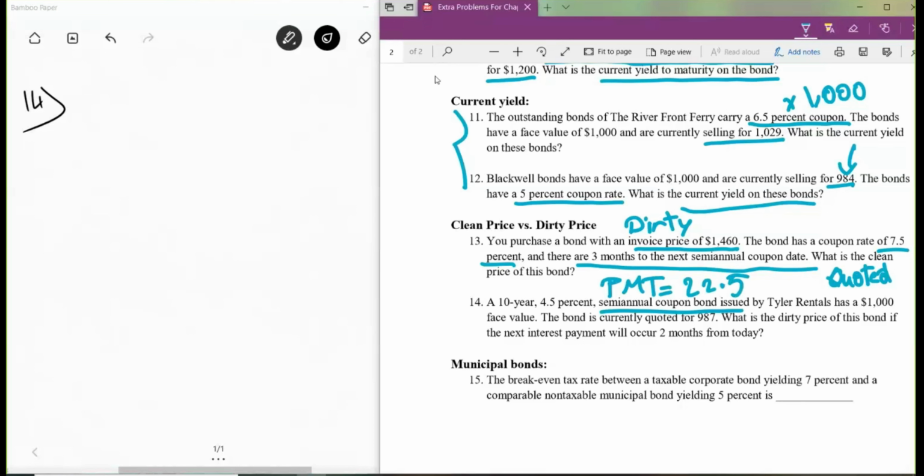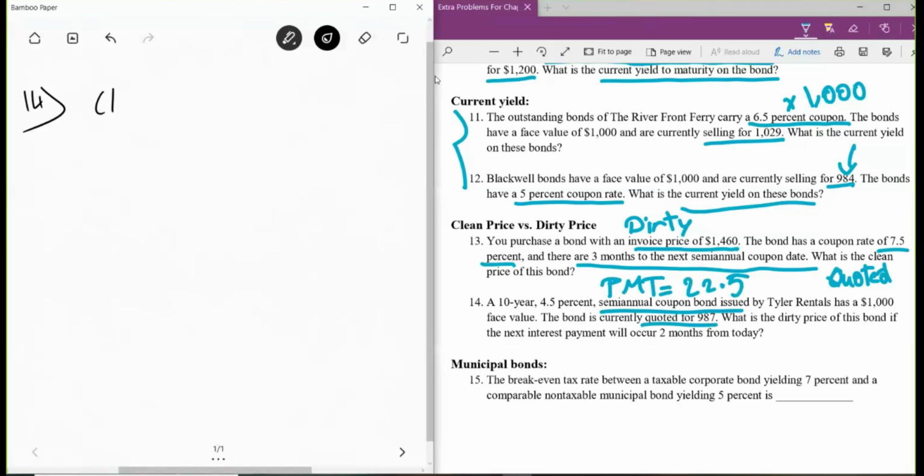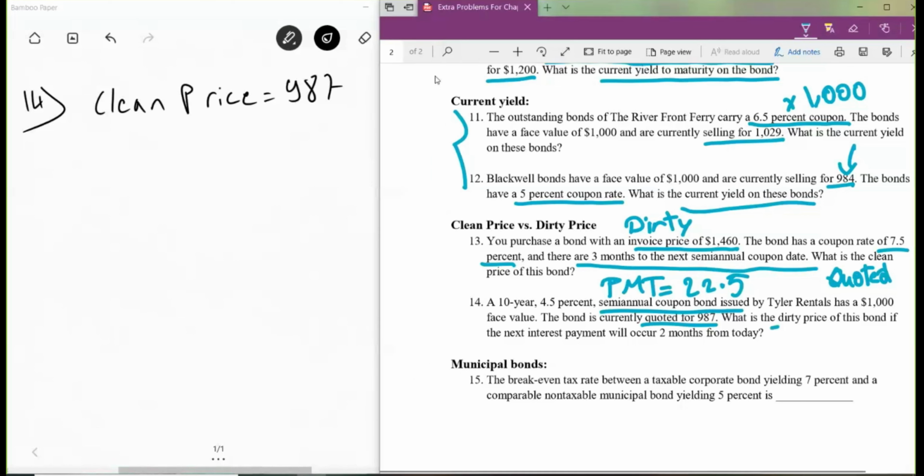The bond is currently quoted for 987. So I have clean price is 987. What is the dirty price of this bond? What is the invoice price of the bond if the next interest payment will occur 2 months from today?